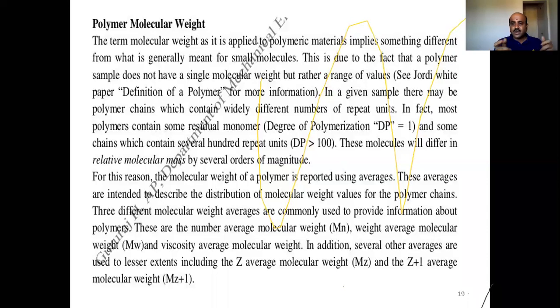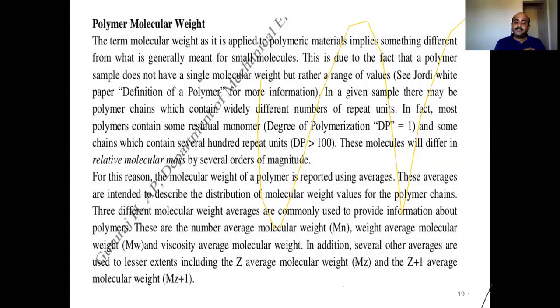Here the structure will change, the number of monomer units in each chain will change, and the way they are bonded together will change. All of this contributes to variation in the molecular weight. That's why we have a range of molecular weight values in the case of polymers.